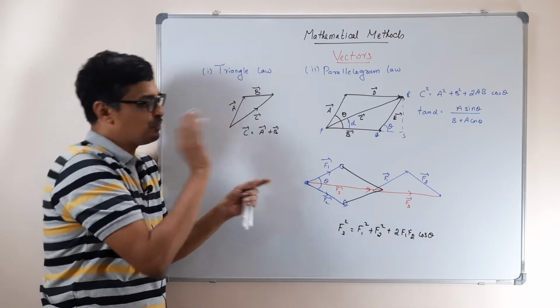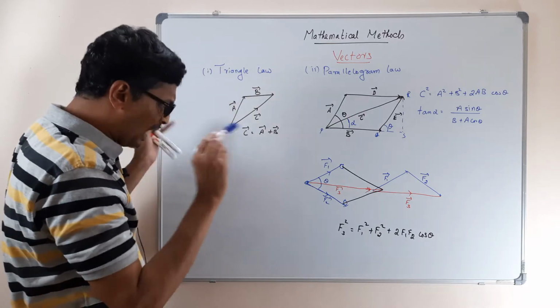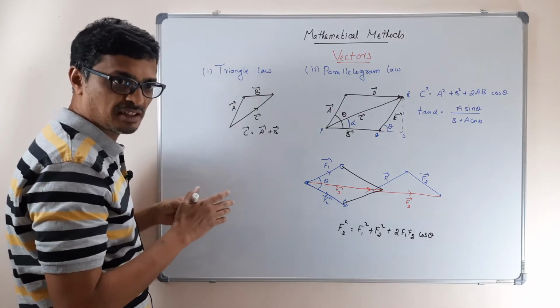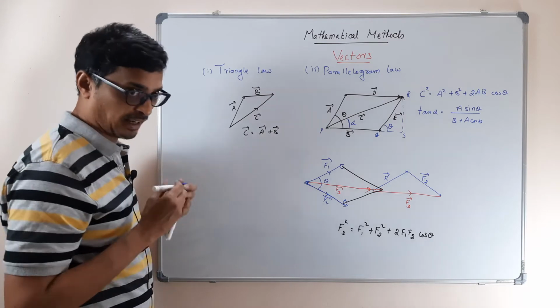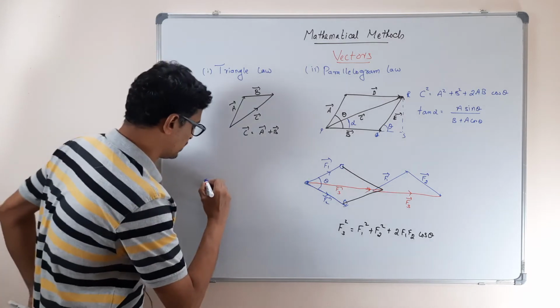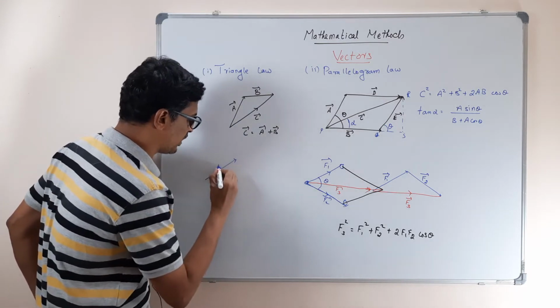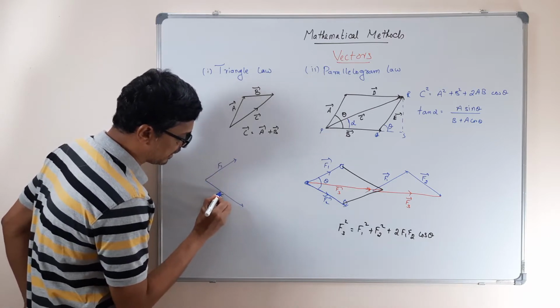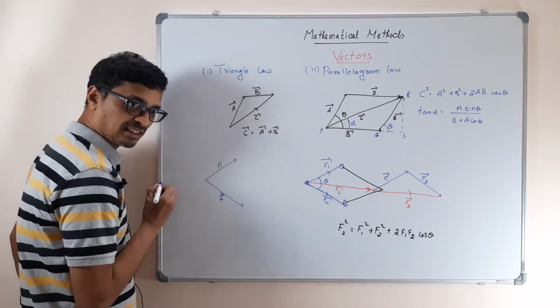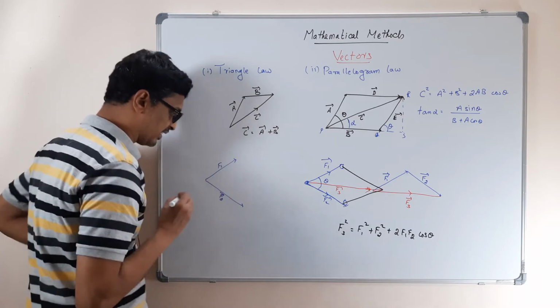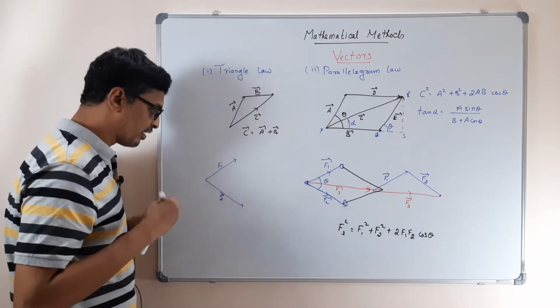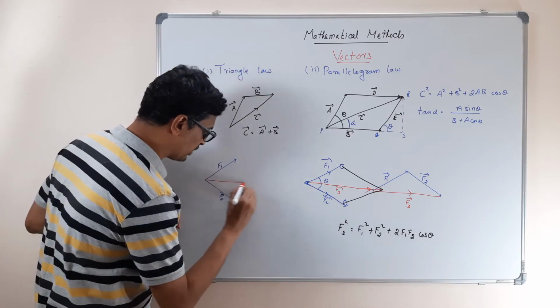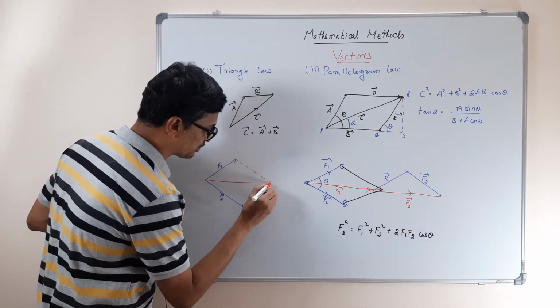You got it? So what it says is, you have vectors of the same magnitude, not the same direction. I have this F1 and another vector F2. The resultant vector will be along this line, as you finish up the parallelogram.